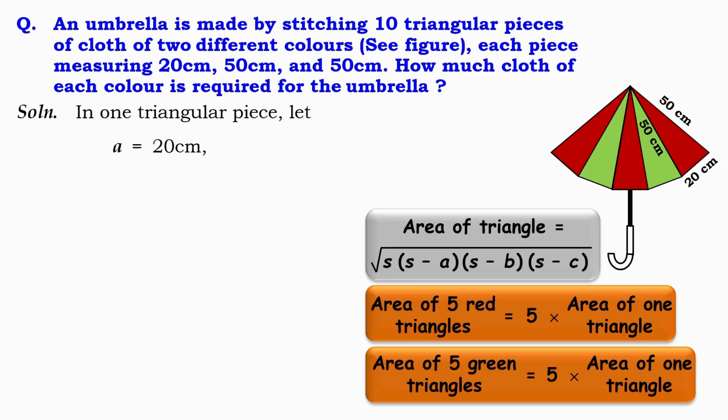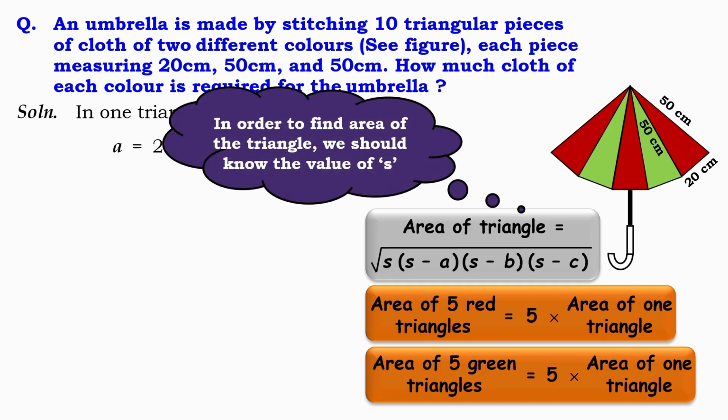So in one triangular piece, let a equal 20 centimeter, b equal 50 and c equal 50. In order to find the area of the triangle, we should know the value of s. We already know that s is half of the perimeter.